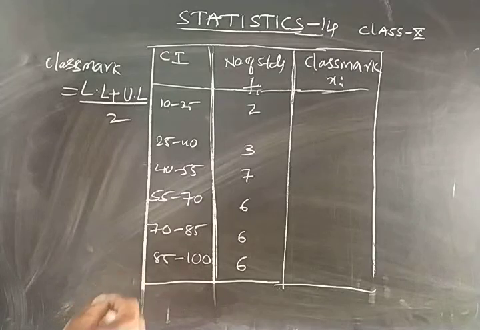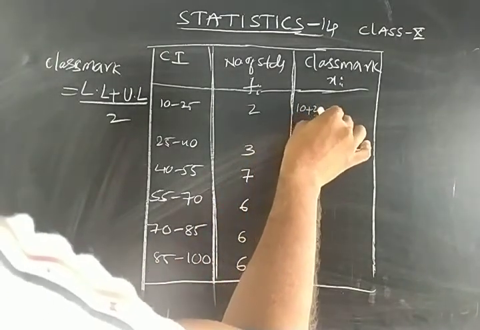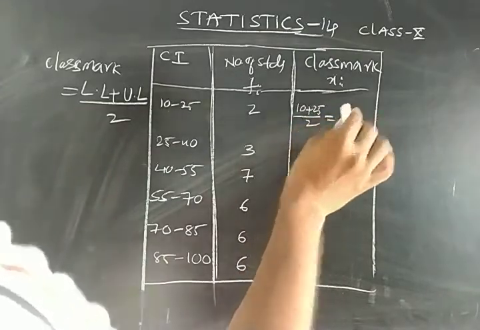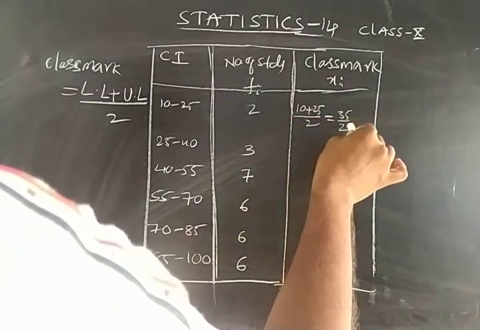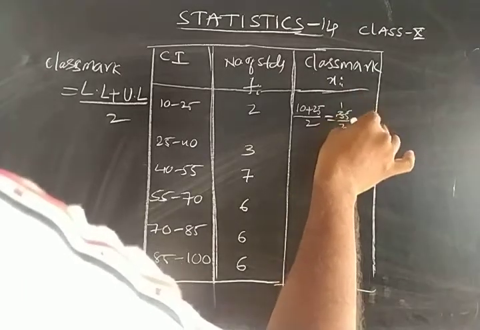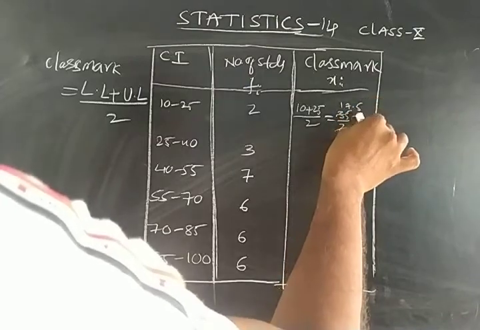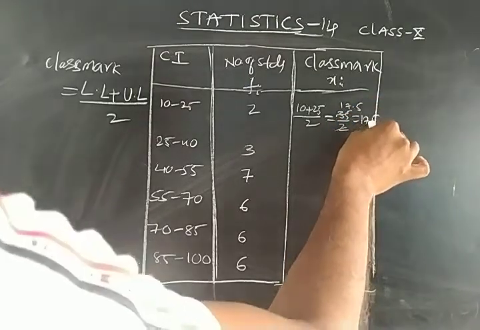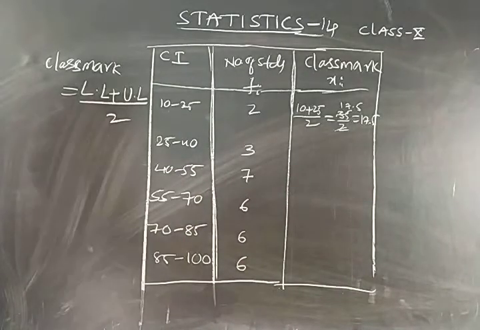So you add them and then divide by 2: 10 plus 25 is 35, 35 by 2 is 17.5. This is the class mark of the first interval, 17.5.